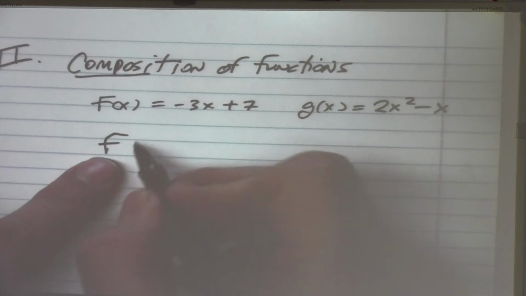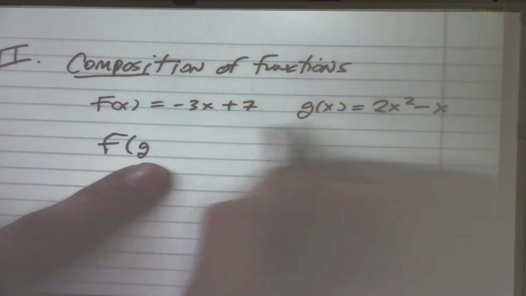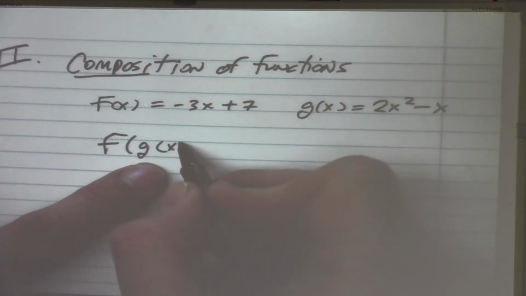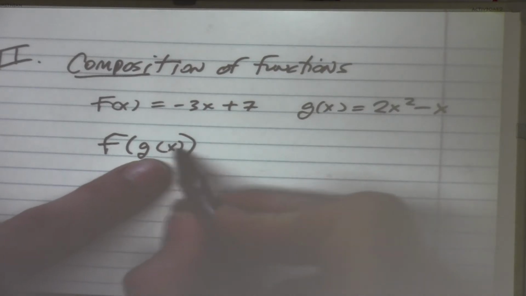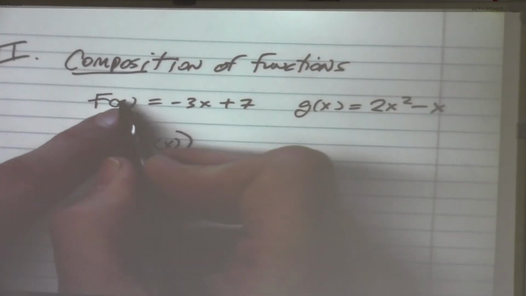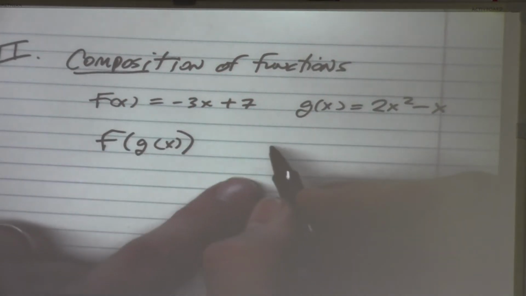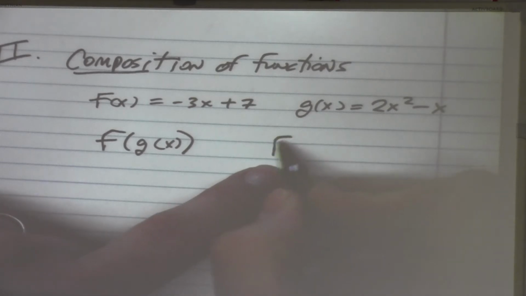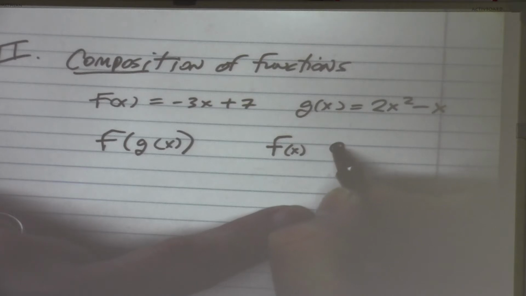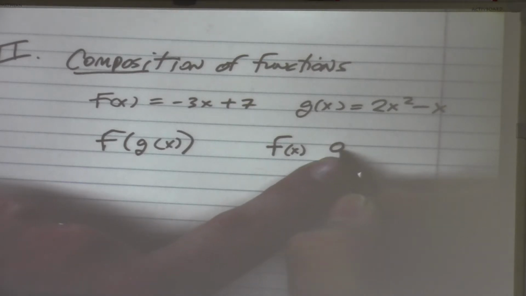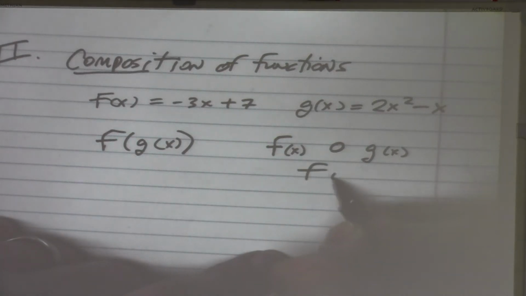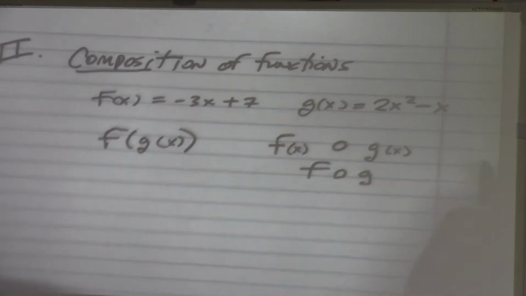It's this function and then this function inside of it. So this function g of x as that x. Or it can be written as function f of x and then this big O. It sort of looks like an O, but it's really not. And actually, we often do it just like this, without even the x's.